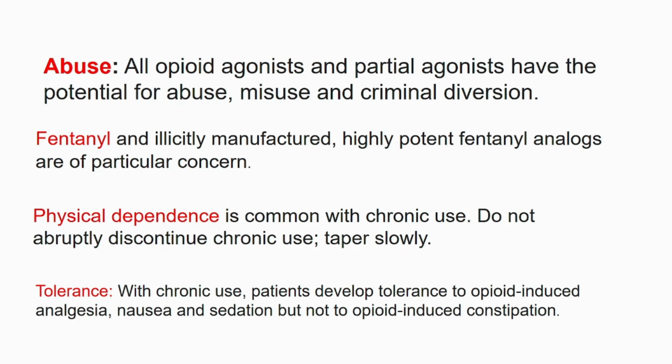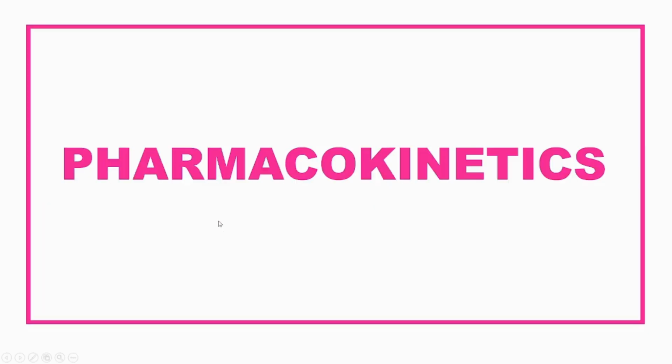Illicitly manufactured, highly potent fentanyl analogs are particularly concerning. Physical dependency is common with chronic use. Tolerance develops with chronic use to opioid-induced analgesia, nausea, sedation. But opioid-induced constipation will remain all the time.